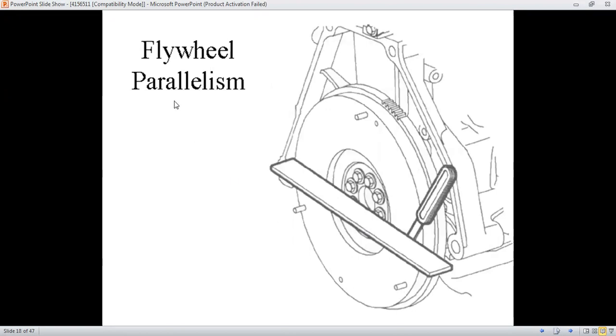So next is parallelism. How can we measure it? Here you can see we can check whether our flywheel is properly engaged or not. For this, we can choose a flat ruler and attach it to the surface of the flywheel and check the parallelness of the flywheel from the clutch plate or surface plate.